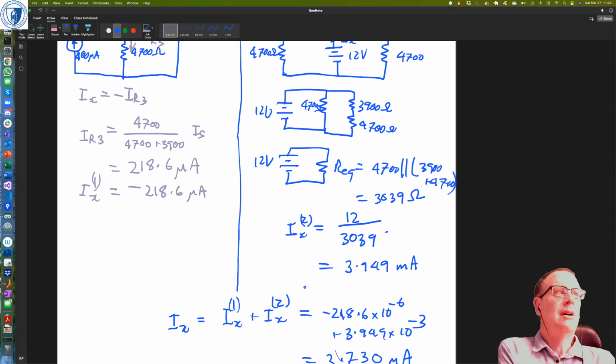When I ask about superposition, I usually don't tell you anything else, right? So you could use mesh analysis, you could use nodal analysis, you could use current dividers, you could use voltage dividers. It's up to you. Sometimes it doesn't make a lot of difference complexity wise, so you can use whatever you're most comfortable with.